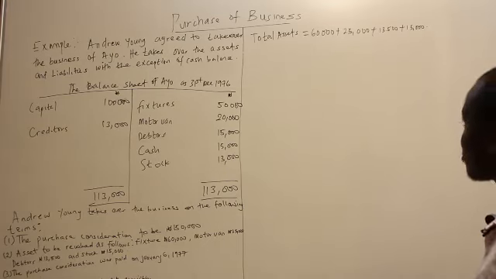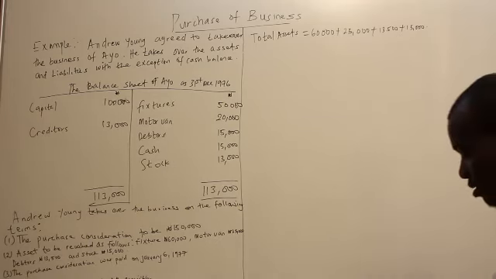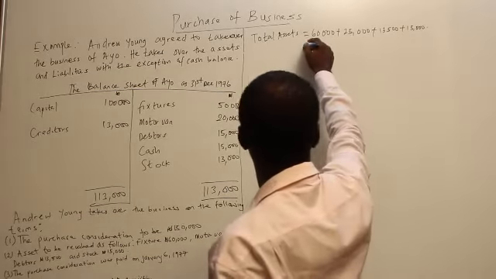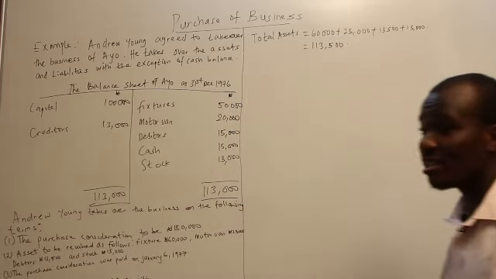That gives us 113,500, which shows the total assets in the business.